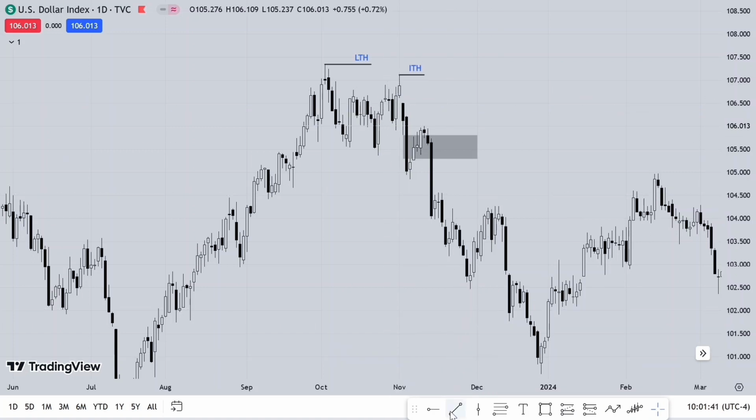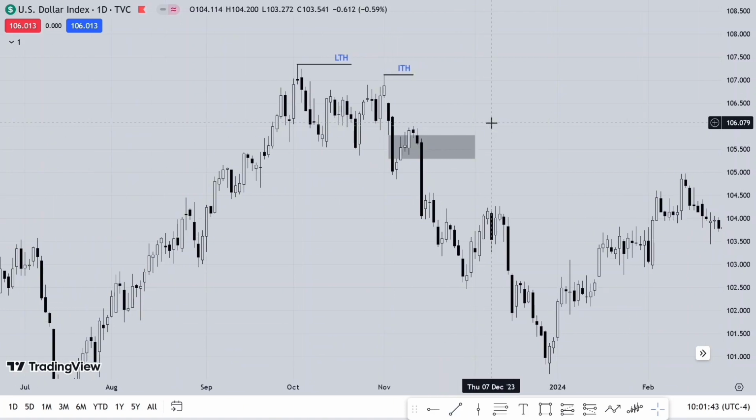So you're not expecting price to go above it. Because of the length of the wick, the tail here, when an order block has a relatively long wick, you use the low of the order block, the midpoint of the wick, and the opening price of the order block.